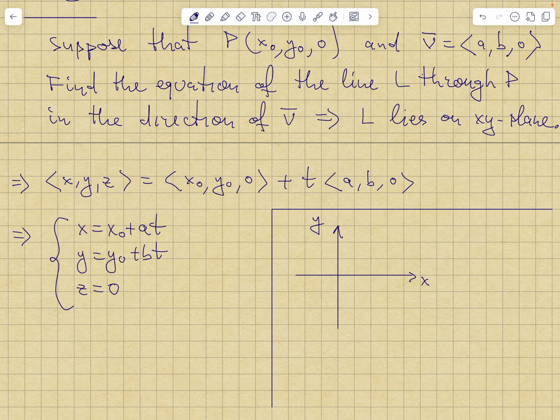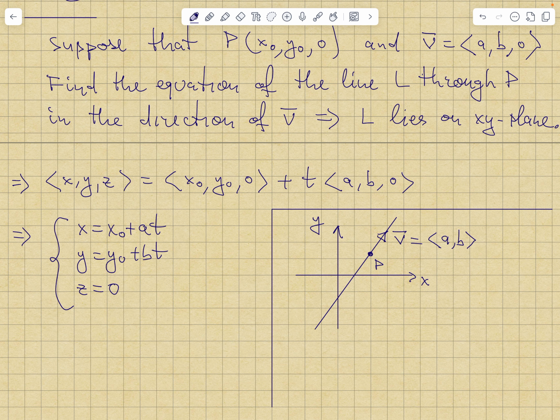So you have a point P, and then you have a line that goes through P, and this line is in the direction of a vector. So this is P, this is V, and I'll just write the two non-zero components, a, b. Now, the slope of V must be b over a, right? It's a rise over run.